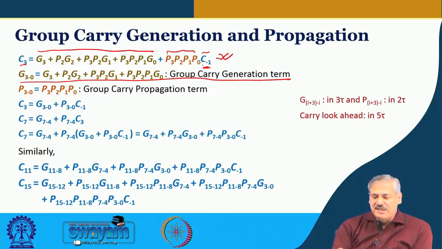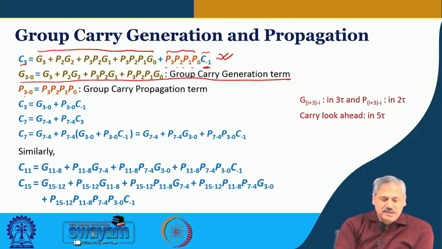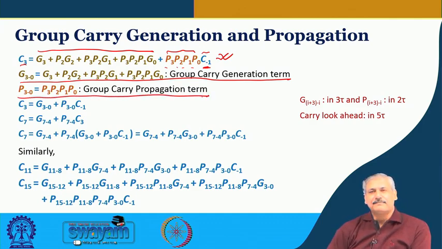So, this we say group carry propagation term, because it is generated from individual Ai's and Bi's, the propagation terms at individual bitwise ordering. So, now we are looking at this as a group.